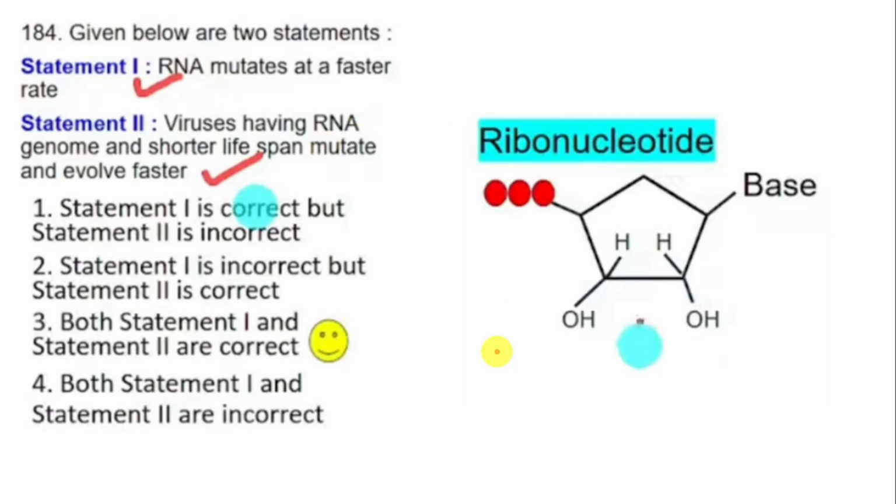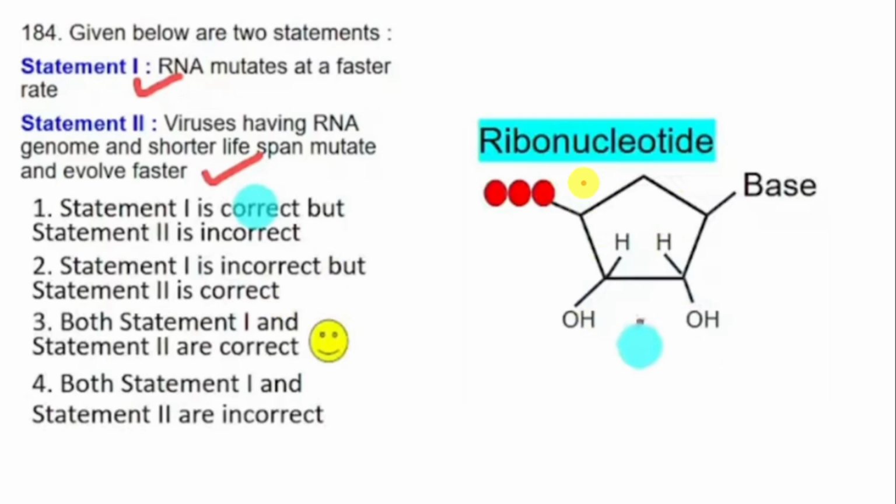And RNA is also a genetic material. We know different viruses, especially plant viruses, have an RNA genome. So RNA acts as a genetic material as well as an enzyme. A similar question was asked before. RNA mutates at a faster rate, and viruses having an RNA genome have a shorter lifespan and they mutate and evolve faster.